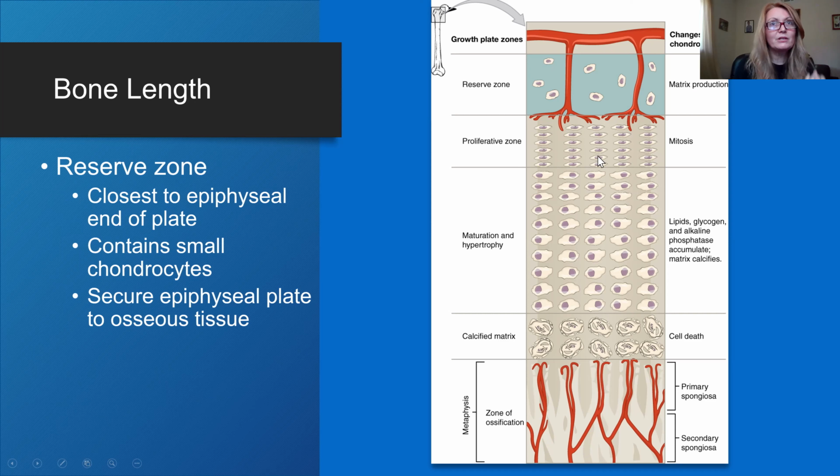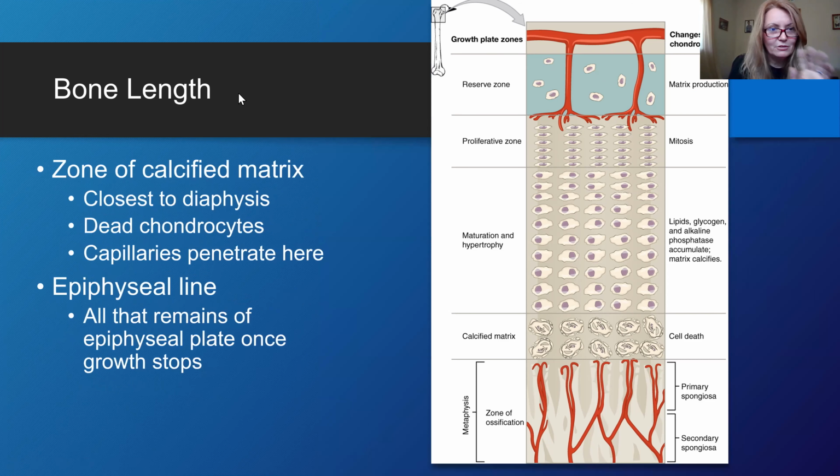So pretty much the job of the chondrocytes in the epiphyseal plate is to divide, increase in size, make this part of your bone longer, and then die and be replaced by bone. Okay, this is our interstitial growth.